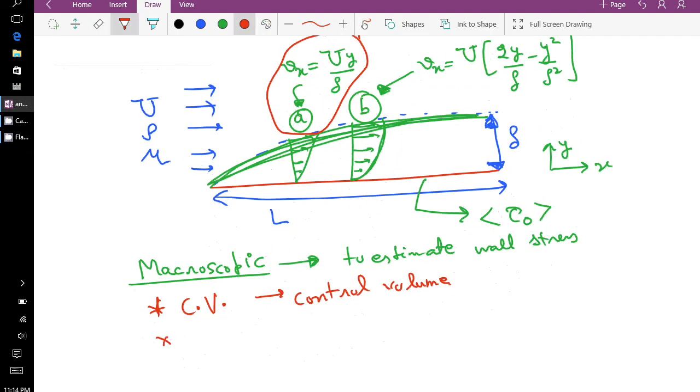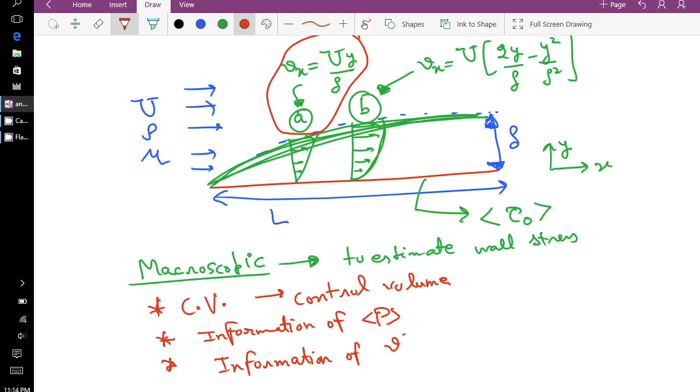The second thing we need is the information of pressure, right? Something we generally care about is the information of pressure, and for a macroscopic balance we also need information of velocity squared averaged, right? So these are some things we really care about.